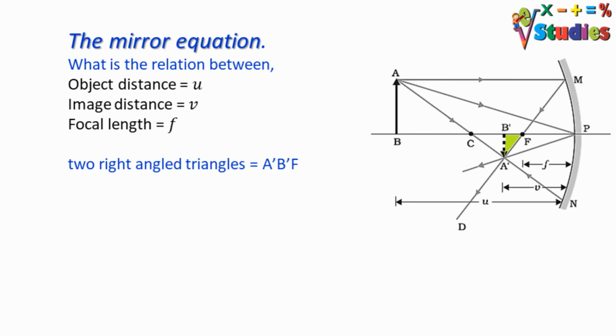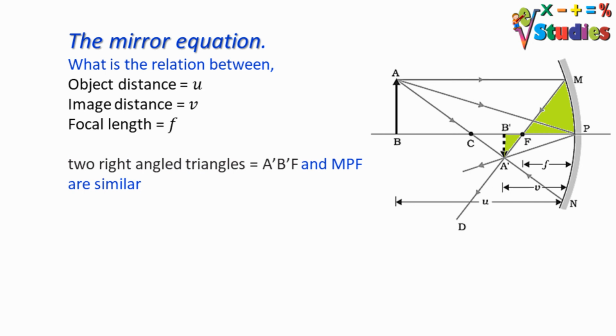Now let's try to understand how the mirror equation is derived, and the relation between the object distance u, image distance v, and the focal length f. We have two right angle triangles here. Look at the first one, A dash B dash F, the area I have filled with green color.